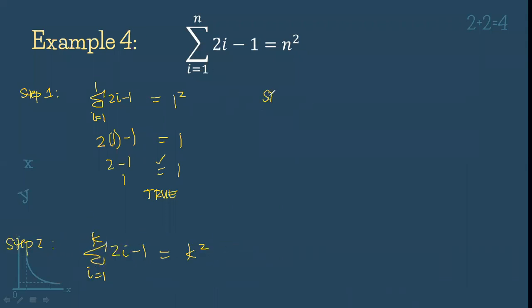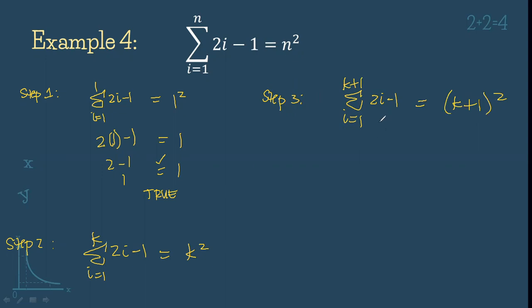The step number 3 naman po natin, we need to change all of the n by k plus 1. So we have here the summation of 2i minus 1 as i moves from 1 to k plus 1 is equal to k plus 1 squared.